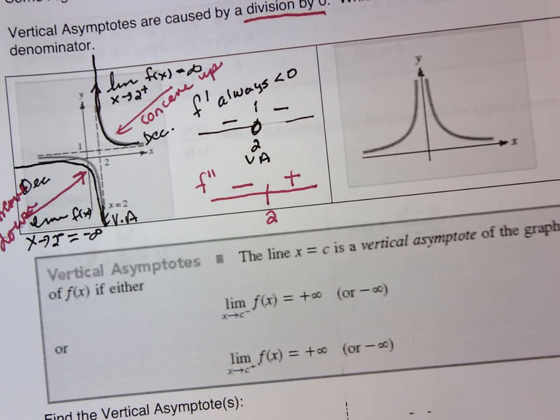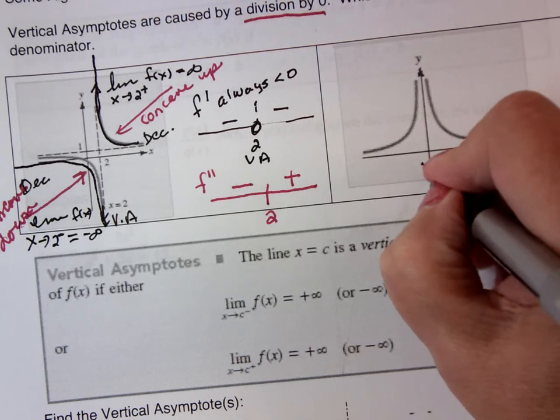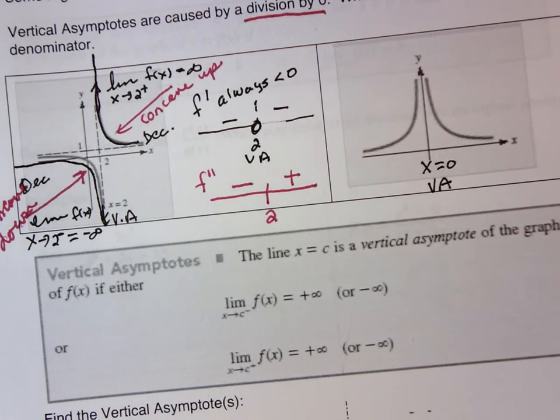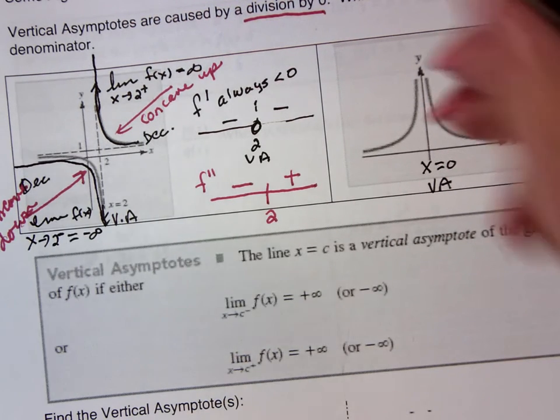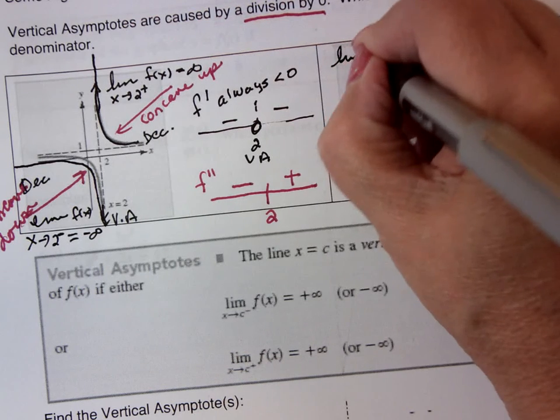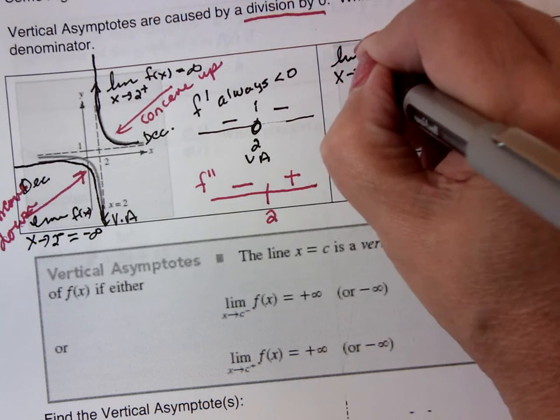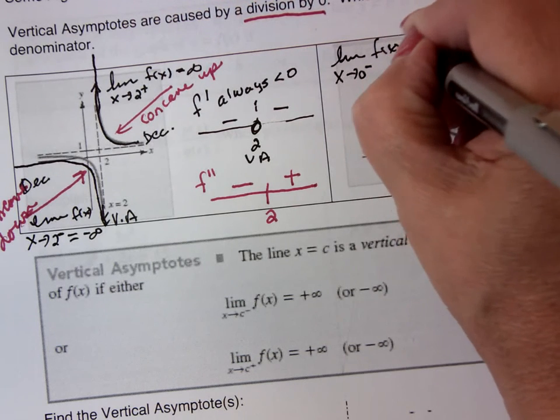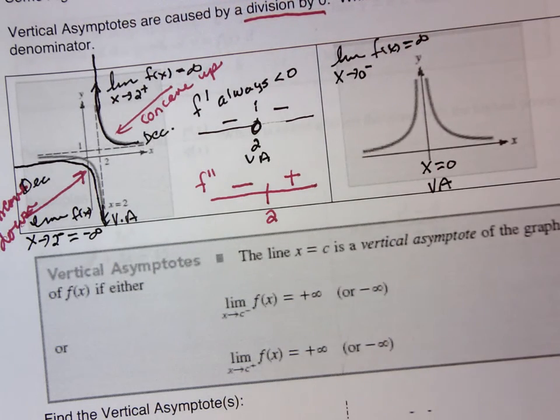Now, if I take a look at the second example, here my VA is x equals 0. And if I take a look at the limit as x goes to 0 from the left, it's equal to infinity.